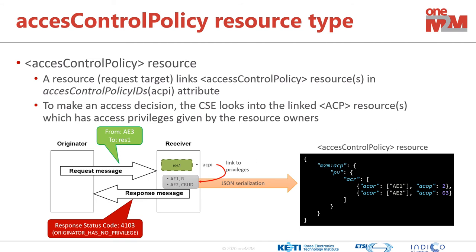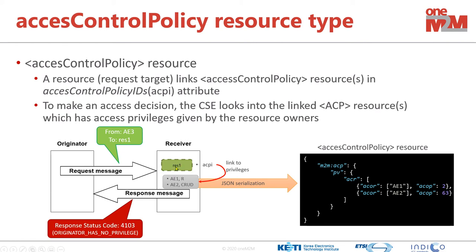So let's see how it works with some example resource settings. We will focus on the access control policy resource type. Again, I have elaborated the diagram from the previous slide, and now the originator is requesting resource 1, for a retrieve, for example. And resource 1 could be a container resource or group resource or another resource.